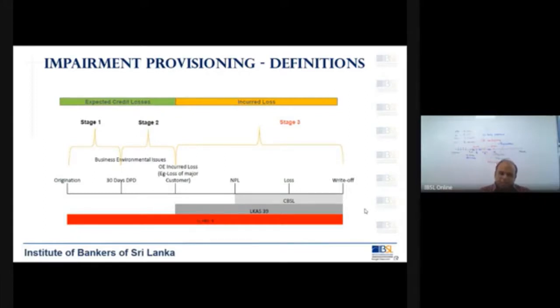So here, from a provisioning perspective, we are not looking at that. I am agreeing with you to a certain extent, which we will discuss in a short while. The security given by the borrower, or collateral, is taken into consideration. But here what we are learning is from the accounting perspective, not from the operational perspective.